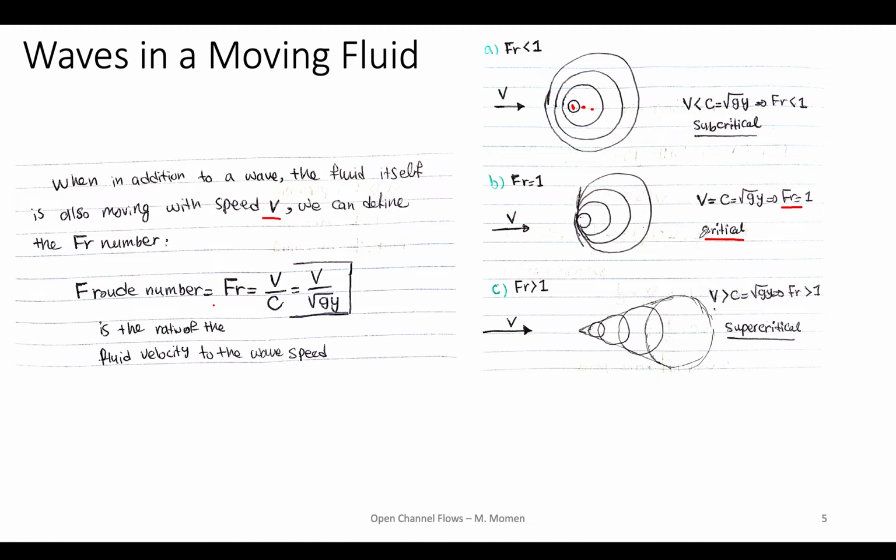In this system, if you produce the waves in a system that is moving with exactly the same speed as the waves, you will see that something like this is gonna occur. So it's like a critical regime. All the waves will have something in common here.